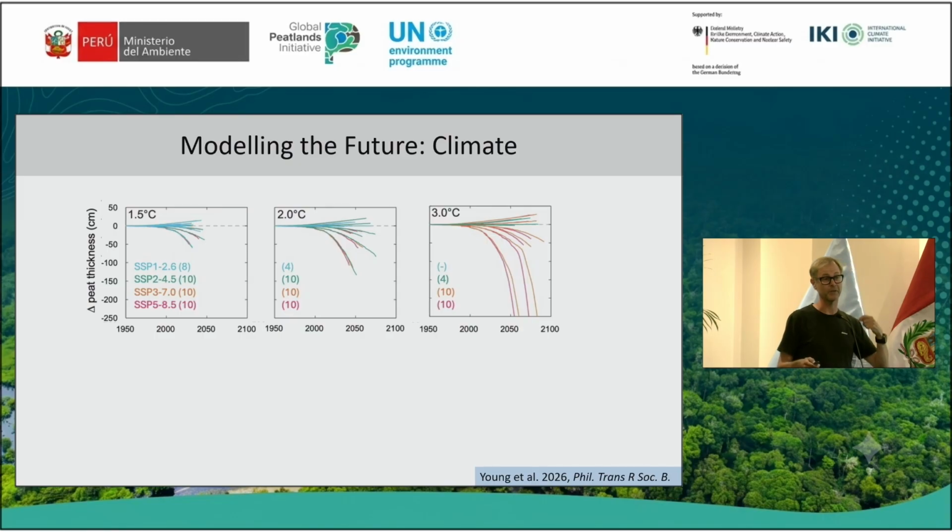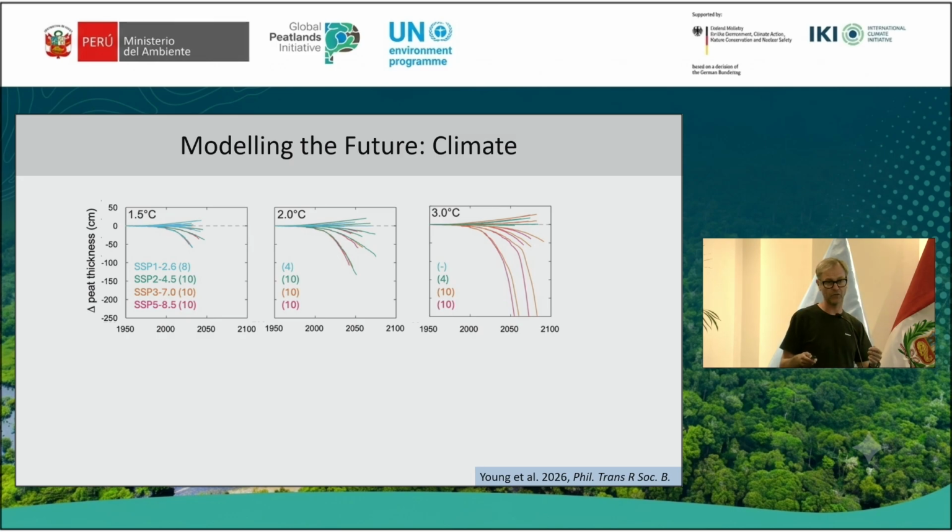Now, if we can match the past, then we can start thinking about using the model to go forward into the future. So we then use the same model and 10 climate models going forward and look at the change in the peat accumulation. And what we see is actually this situation is quite uncertain. At low warming levels, we might see an increase in peat depth, or we might see a loss.